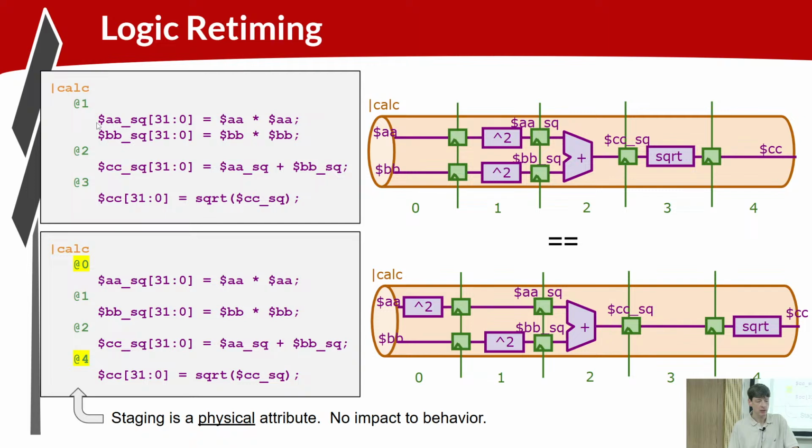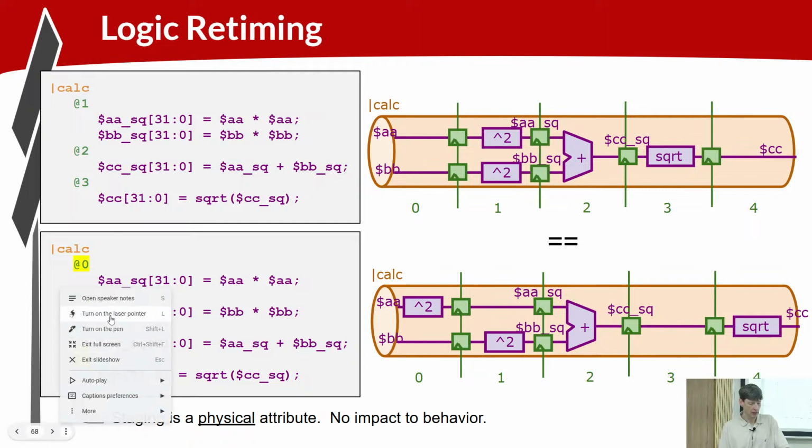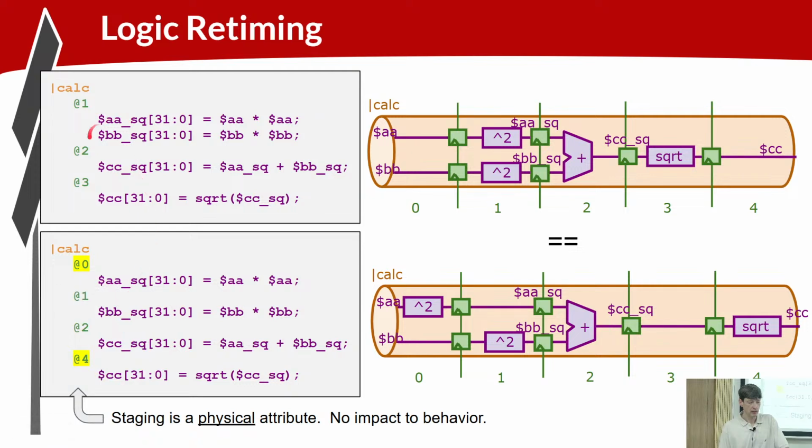Right, this expression here, let me get my laser pointer back. This expression here is this box. So that's all I'm expressing. The flip-flops being implied, I drew in my diagram, but they're not really explicit in the code. They only exist if and because there's an assignment of A earlier.